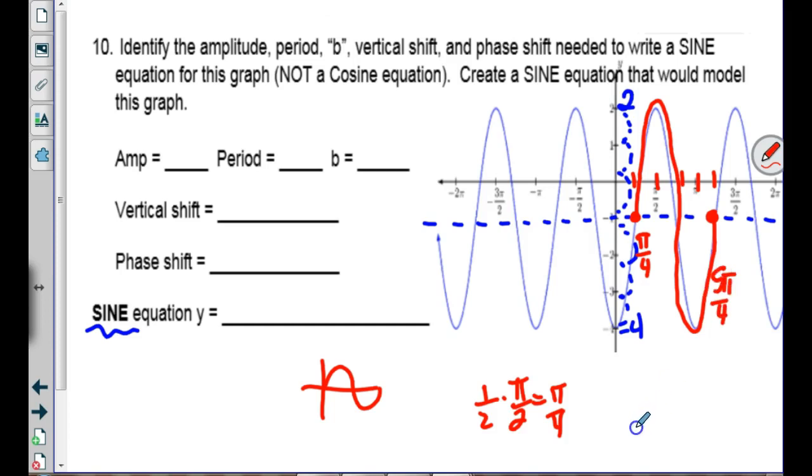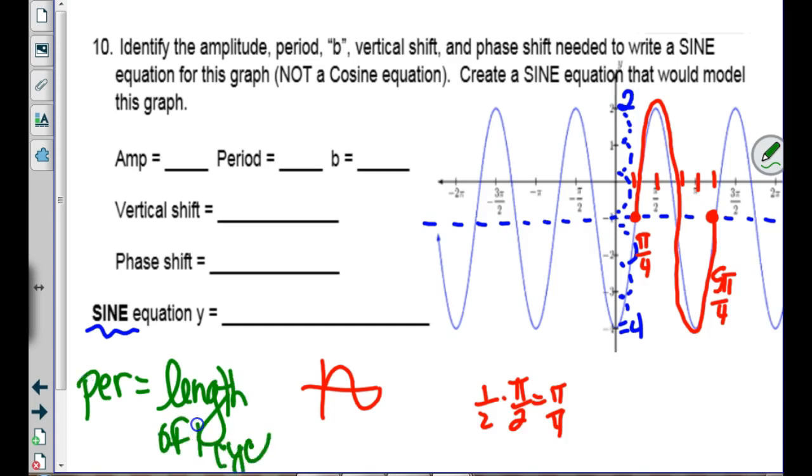Okay, so how do we decide what the period is? The period, by definition, is the length of the cycle. So if it starts at pi over 4 and it finishes at 5 pi over 4, how long is it? Okay, so the period is pi.